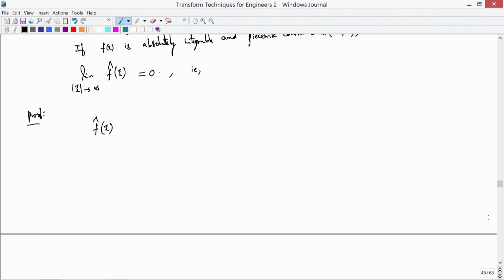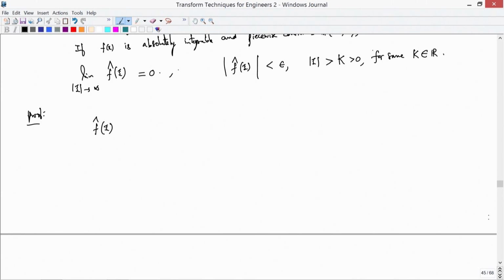As a limit definition, this is f cap of xi less than epsilon whenever mod xi is bigger than k, some big k which is positive, k belonging to the real numbers. So, this is always true, given epsilon positive.